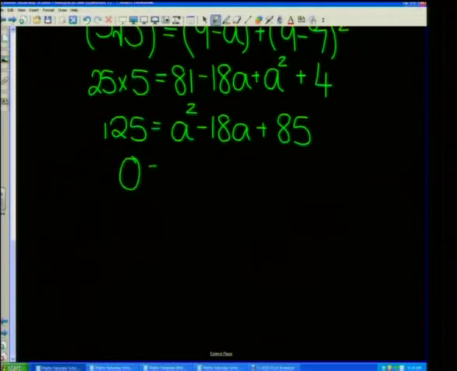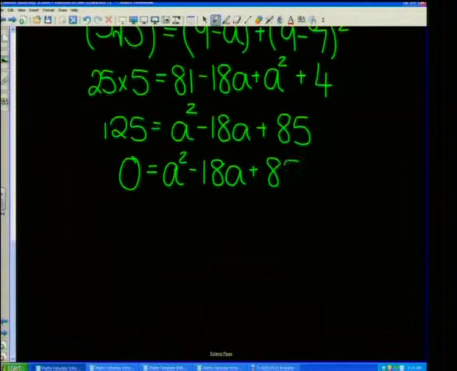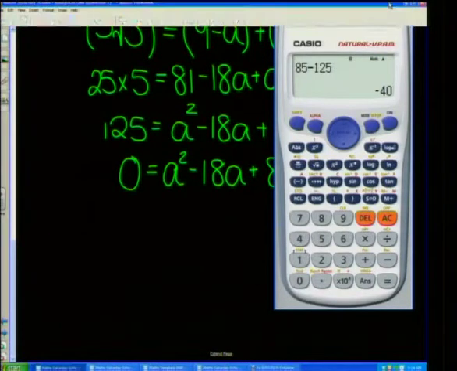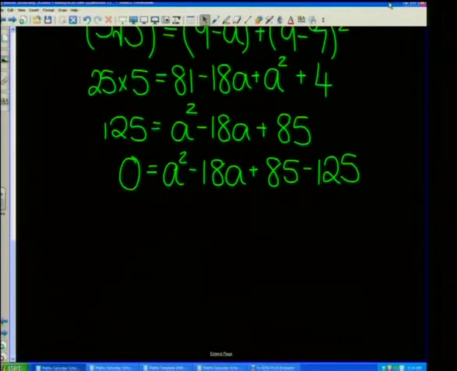So I've got 125 over, and we've got a squared minus 18a plus 85, and we're going to have now minus 125. Right, let's quickly get that. If we've got 85 minus 125, that's going to give us negative 40.